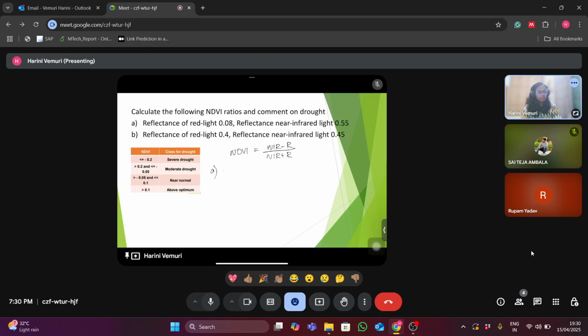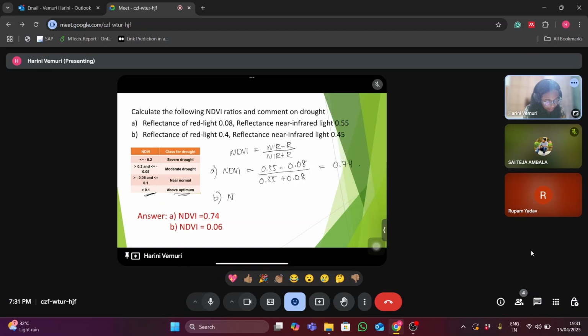So for the first one, NDVI is equal to NIR, given as 0.55, minus R, given as 0.08, by 0.55 plus 0.08. Once you do the calculation, the answer will be 0.74. Since 0.74 is above 0.1, it is above optimal. That means there is no drought.